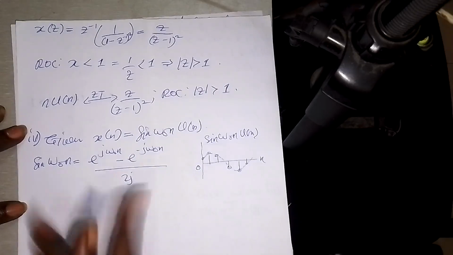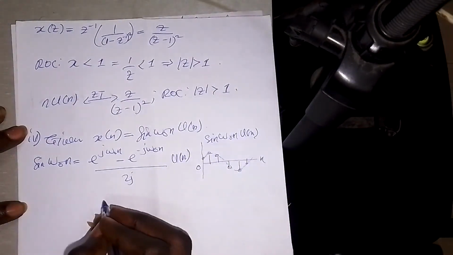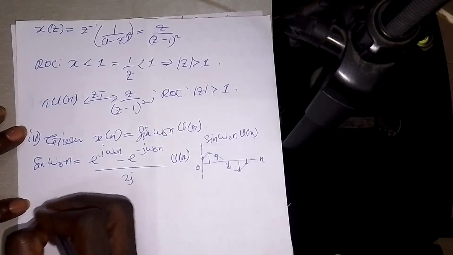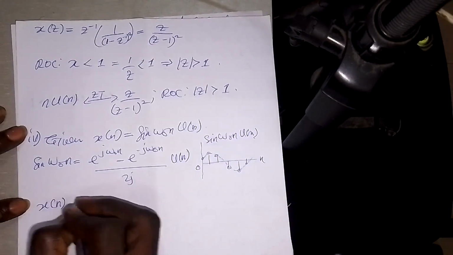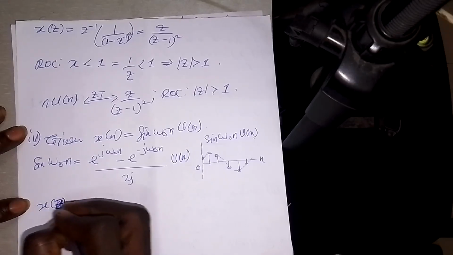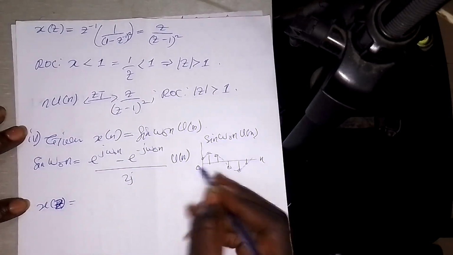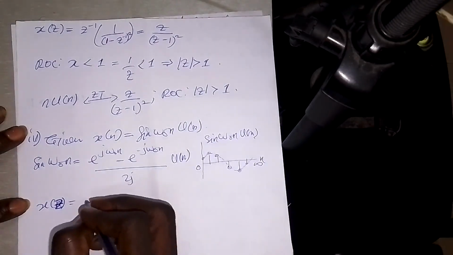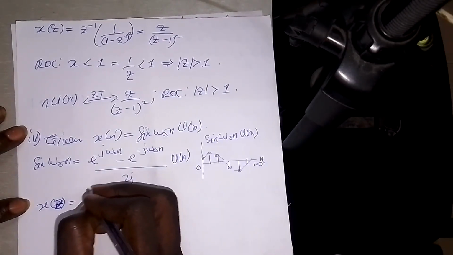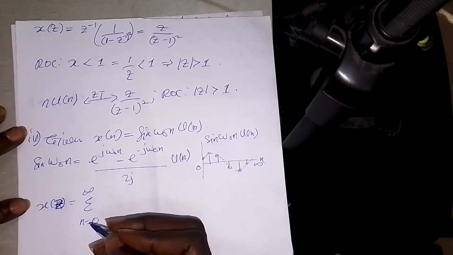Now here I can have u(n). If I put it into the sequence, then I'm going to have x(z), the z transform, where I'm starting from 0 and going to infinity. So summation from n equals 0 up to infinity, because it's starting from 0.